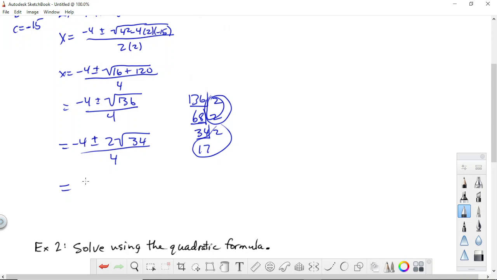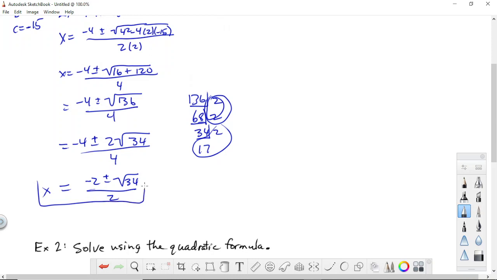Negative 4 divided by 2 leaves negative 2. 2 divided by 2 is just 1, so we have the square root of 34 by itself, and 4 divided by 2 is 2. So you do reduce if the same number divides into all 3, but you do not split this one. So that is our answer.